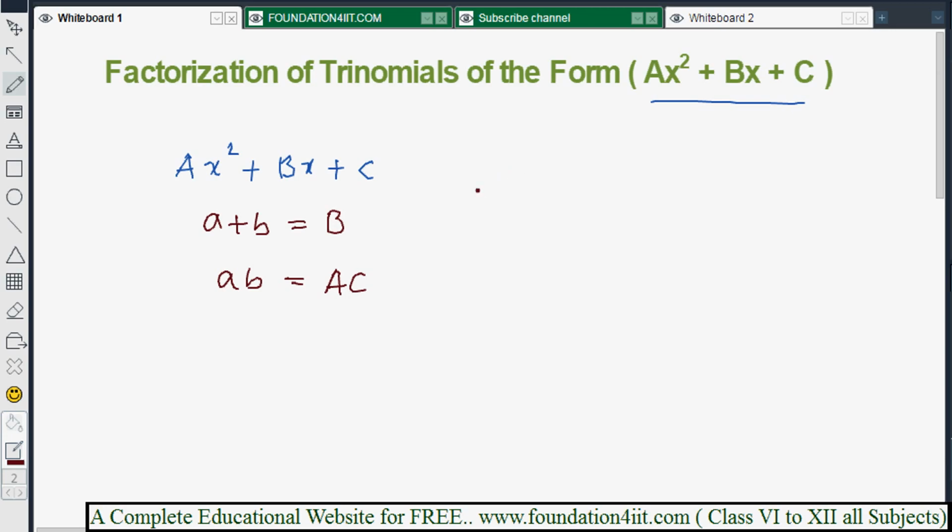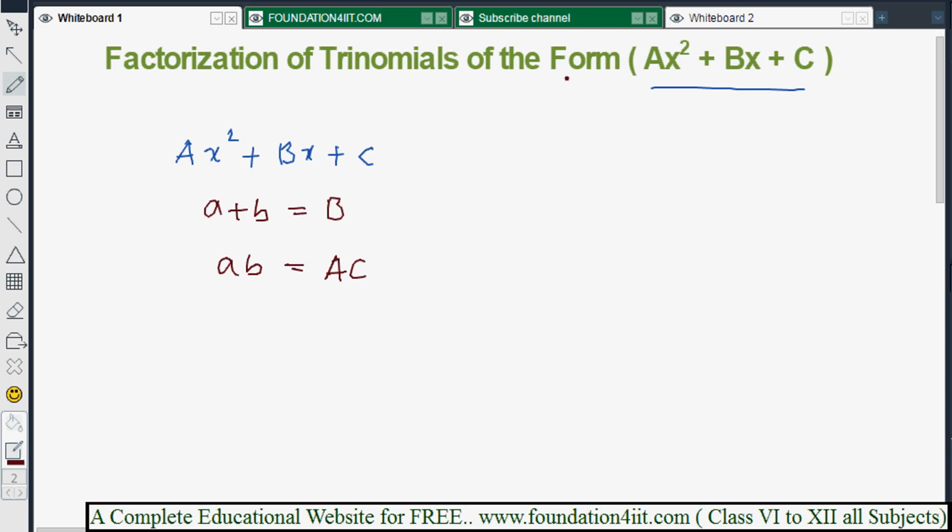So now we proceed as given below. I'll explain how to find these values. Let's take one example first. Factorize 3x square plus 11x plus 10.